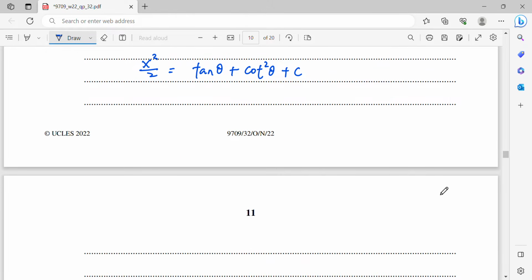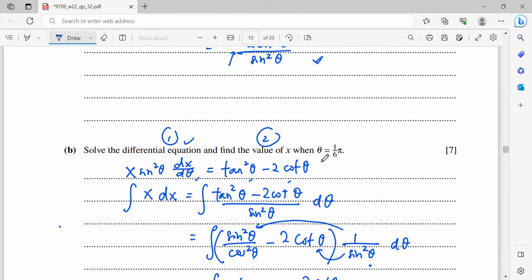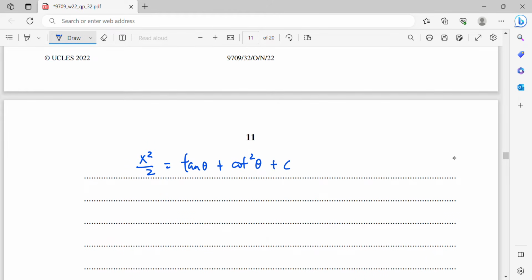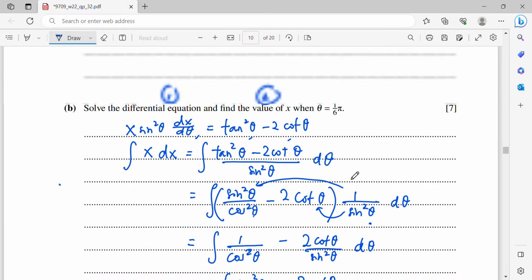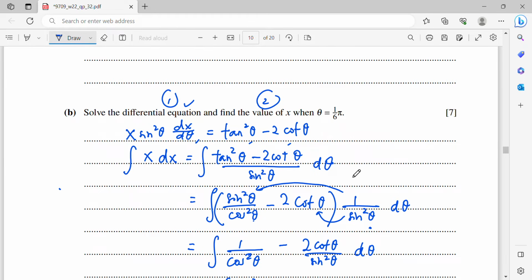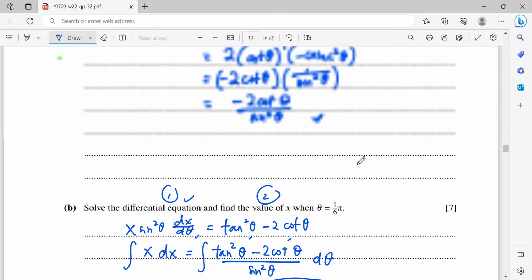So I will rewrite this: x squared over 2 equals tangent theta plus cot squared theta plus c. So when theta is pi over 6, wait.